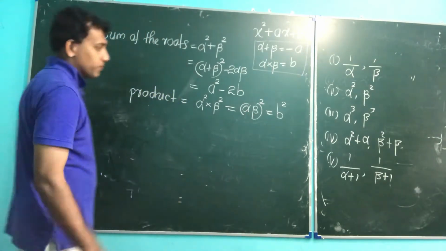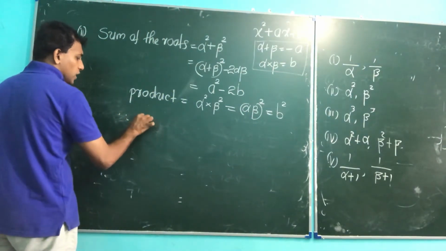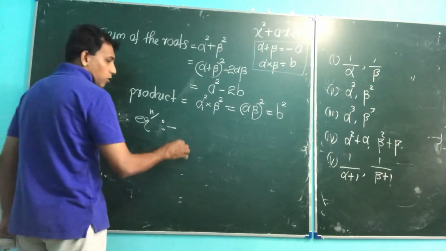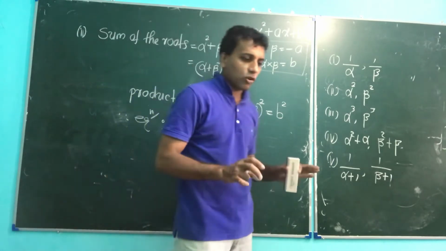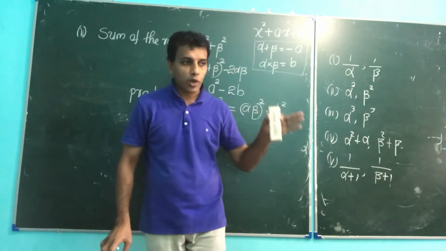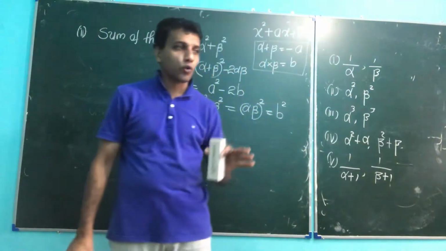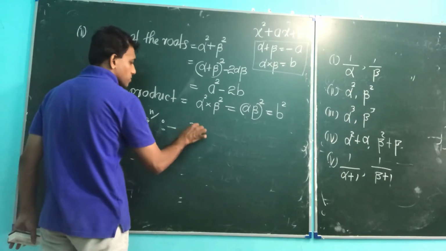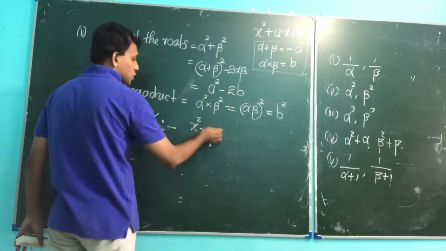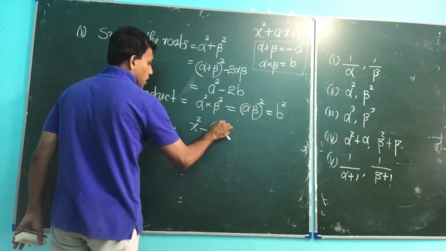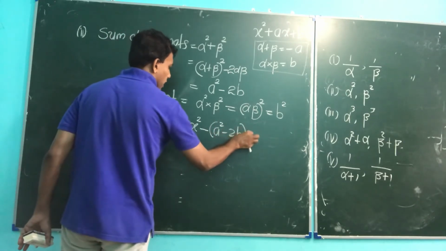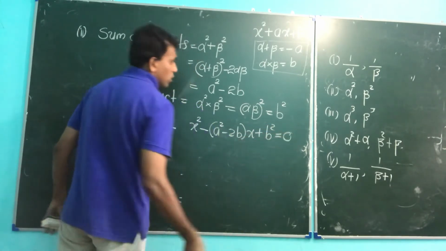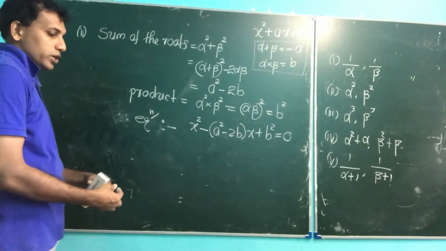Therefore the required quadratic equation is: if you know the summation and the product, x square minus sum of the roots into x plus product of the roots. Therefore, x square minus (a square minus 2b) into x plus b square equal to 0. Okay, that is the equation.